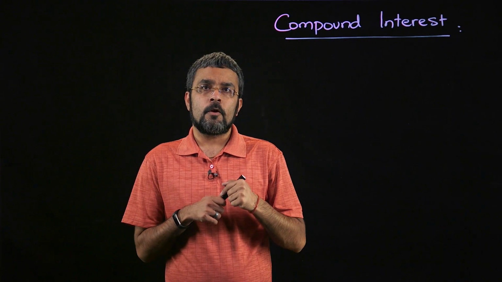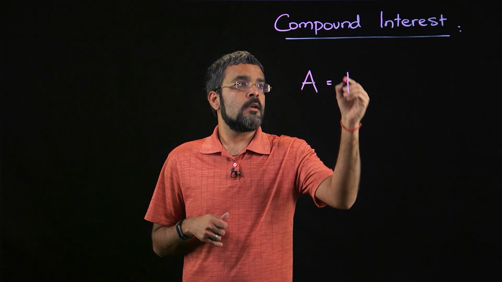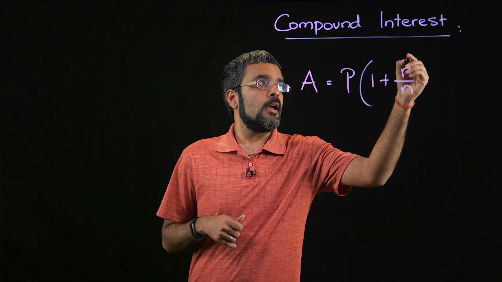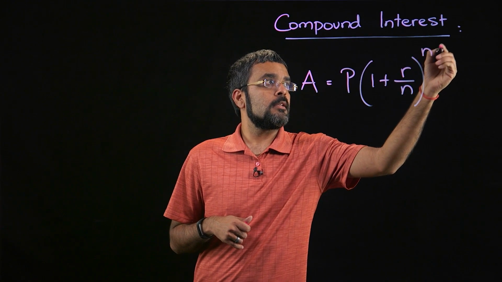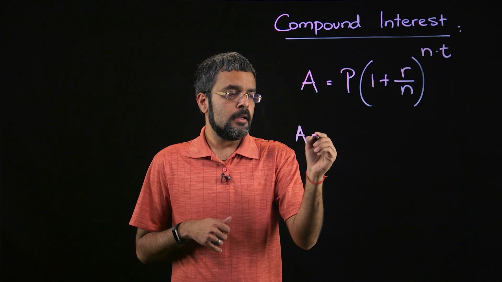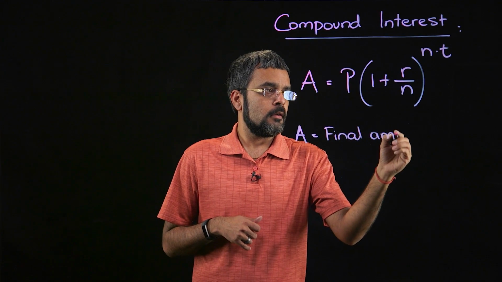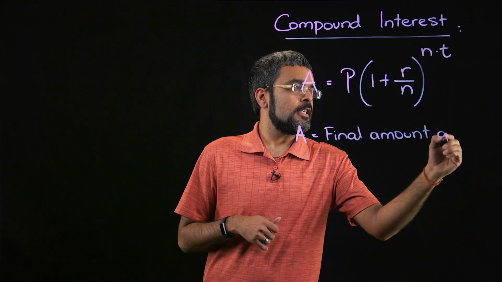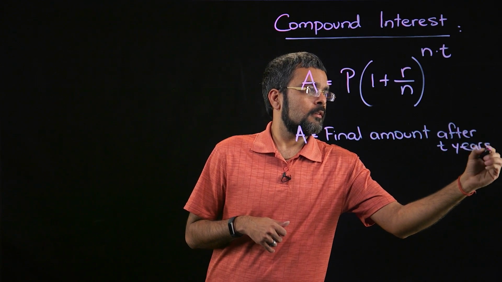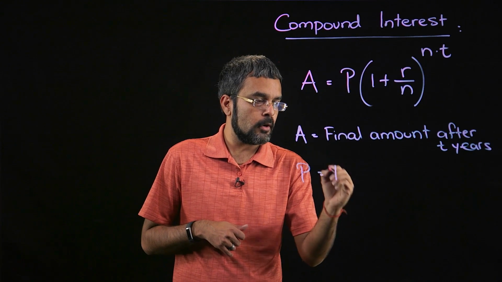The compound interest formula is given by A equals P times (1 plus R over N), all of this raised to N times T, right? Where A is the final amount after T years, okay? P, just like in the previous one, is your principal or invested amount.